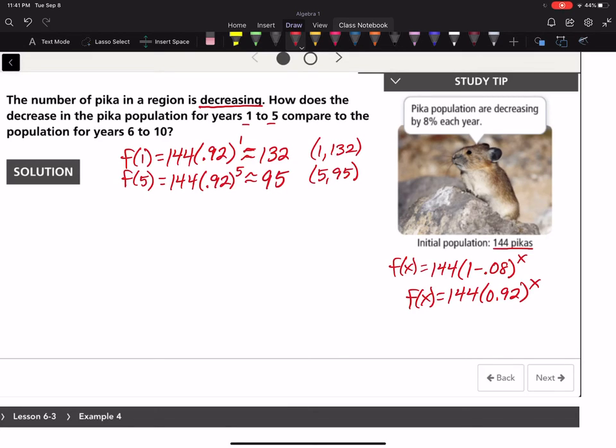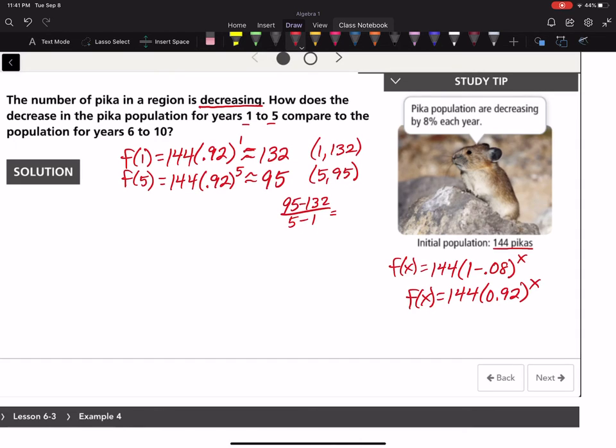It says, how does the decrease in the population for years 1 to 5 compare to the population for years 6 to 10? So they're looking for the rate of change. How fast is it decreasing the first 4 years? So we're going to say 95 minus 132 over 5 minus 1.